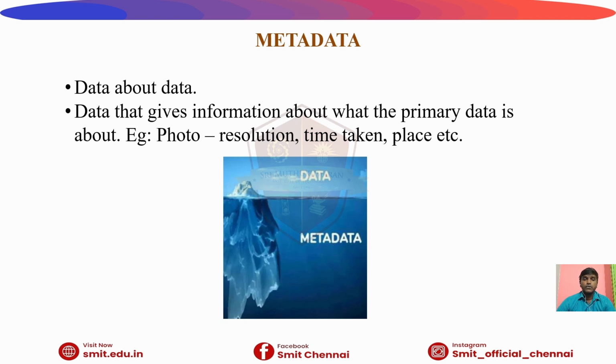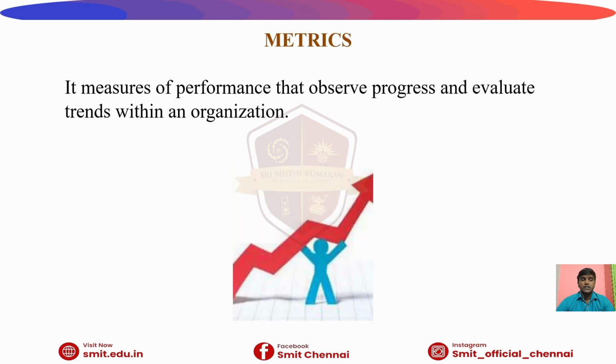Examples: photo, resolution, time taken, place, etc. Next, we will see the metrics. It's a quantitative measurement used to track and assess the status of a specific process or an activity.